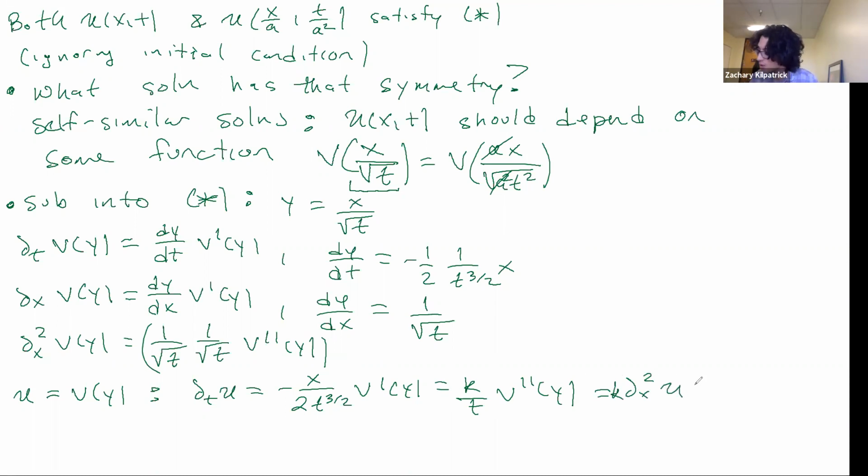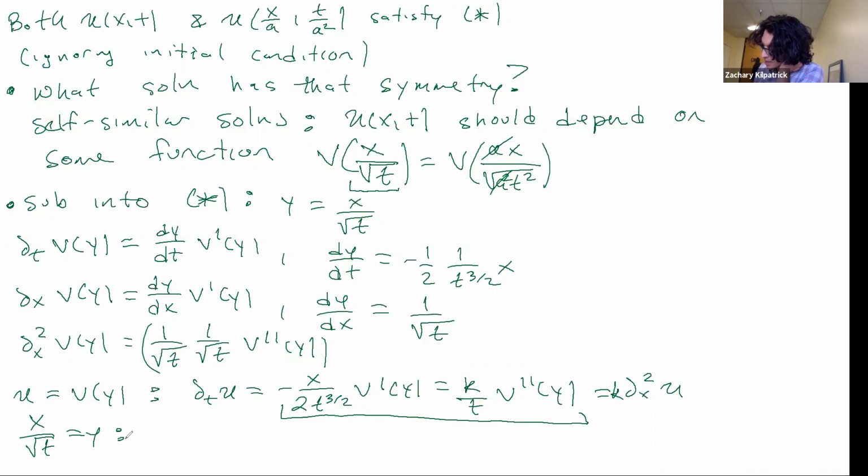Okay. So our equation now for v is given by this equation here, right? It has this additional term out in front here, but we can realize that x over square root of t equals y.